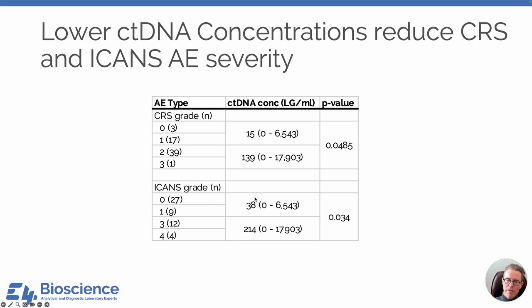You're seeing a very similar pattern here where they have about 10-fold lower ctDNA than do patients with ICANS grades 2 and 3 and 4. And again, statistically significant. So not only do lower ctDNA concentrations lead to better progression-free survival and also overall survival, it also means you are less likely to experience a cytokine-related event.